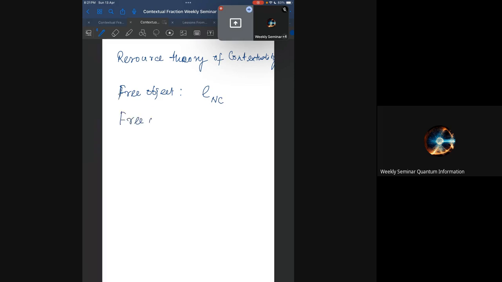Then what are the free operations? I will come to that. Essentially, they are operations that transform one empirical model to another empirical model, but we should remember that the contextual fraction of E dash should be less than or equal to the contextual fraction of E. Some physicists start from free operations and then formulate monotones, and some start with monotones and then formulate the free operations, so there is a little bit of conflict between physicists around the world.